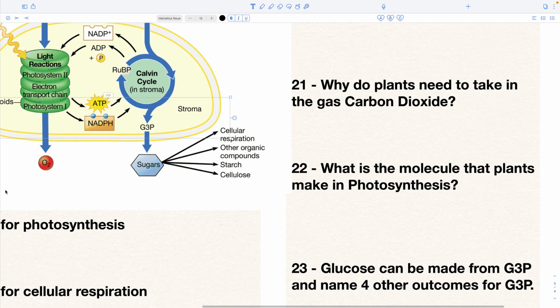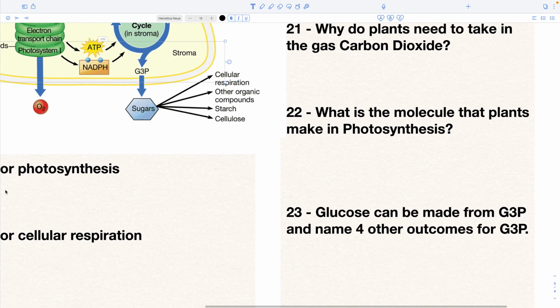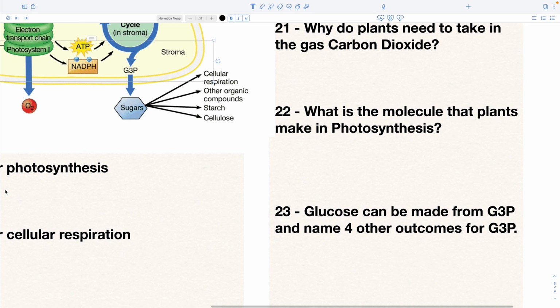Yes, ultimately they're making sugar. All right, we're just about done.